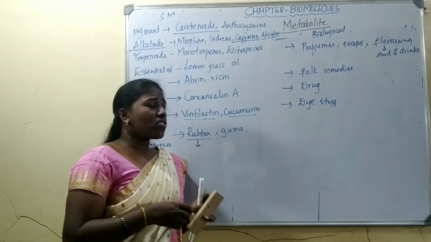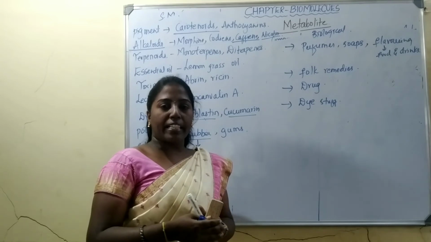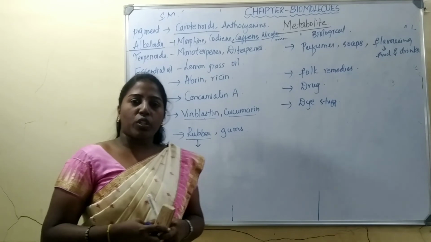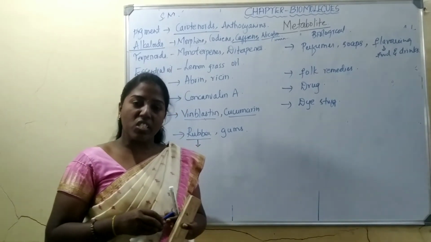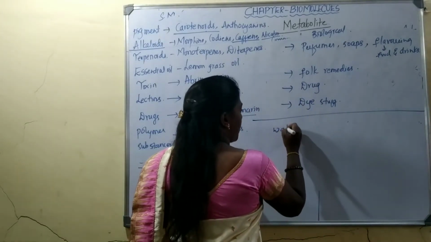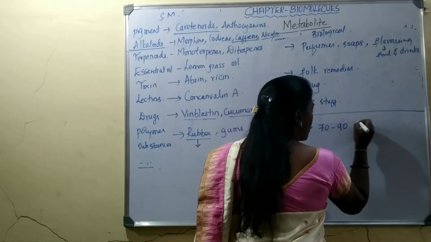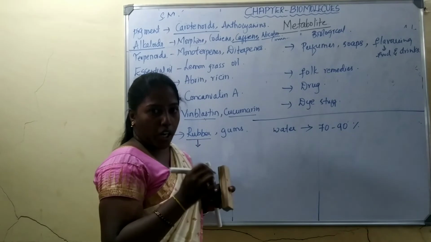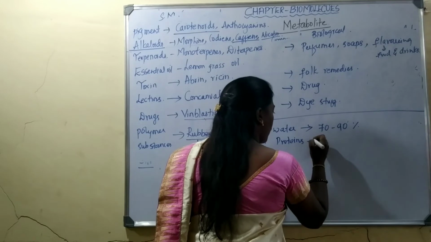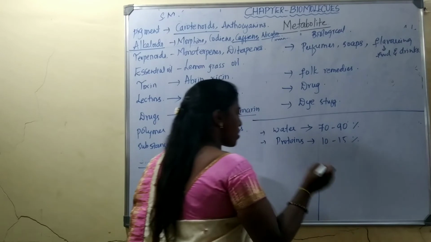Okay, next, in this chapter we are going to discuss the biomolecules and their biological significance one by one. Before going to that, let us see the composition of the cell. When you see the composition of the cell, water forms around 70 to 90% of the cell. The next is proteins. Proteins constitute around 10 to 15% of the cell.